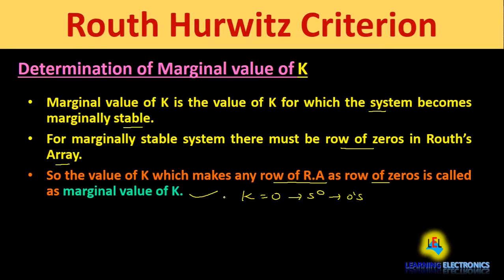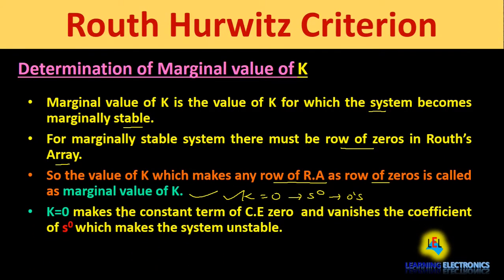But K is equal to 0 cannot be considered as marginally stable value of K, because K is equal to 0 makes the constant term of characteristic equation 0 and vanishes the coefficient of s to the power 0, which makes the system unstable.